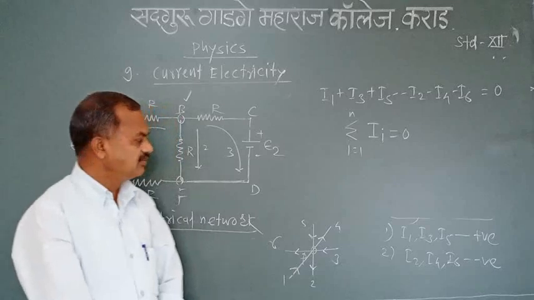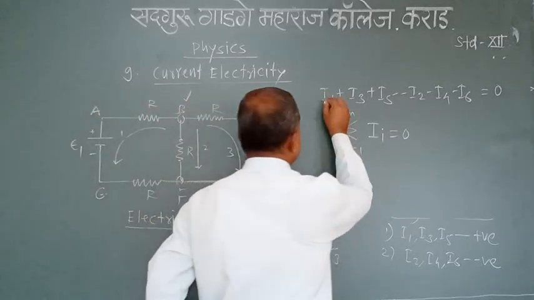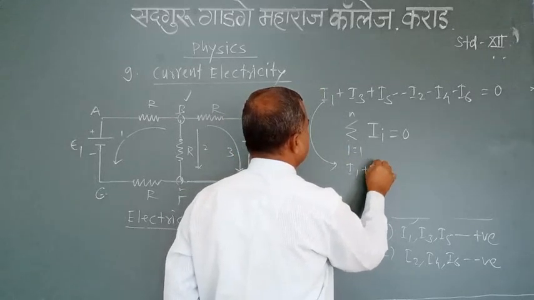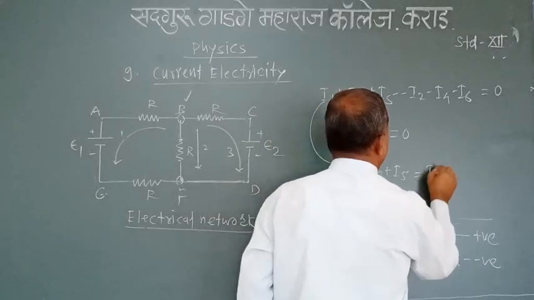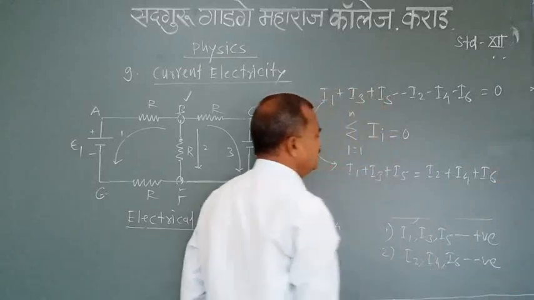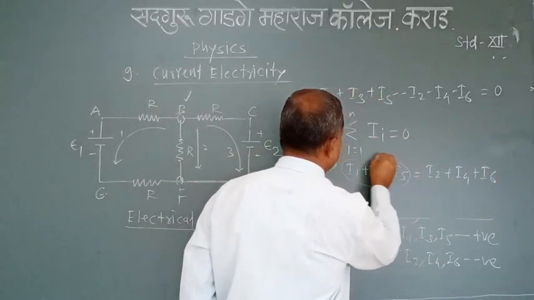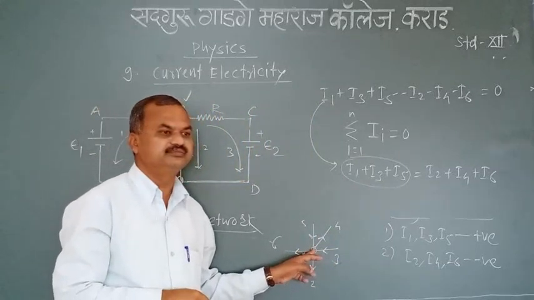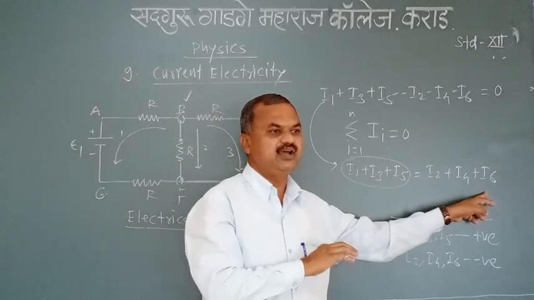From this we conclude that this relation can be written like this: I1 plus I3 plus I5 equals I2 plus I4 plus I6. This equation shows that the total current flowing towards the junction is exactly equal to the total current flowing away from the junction.